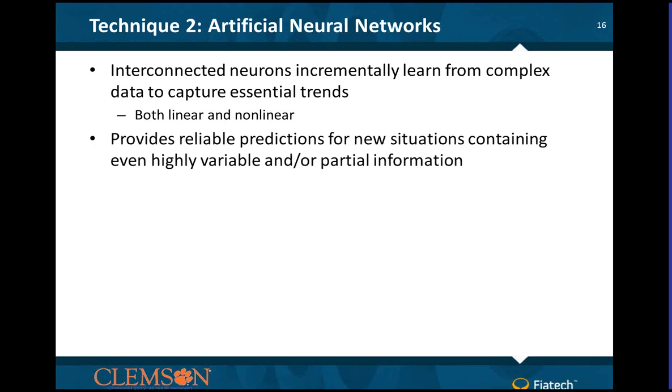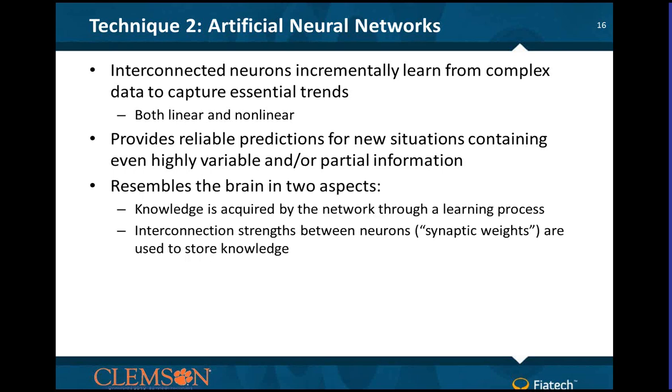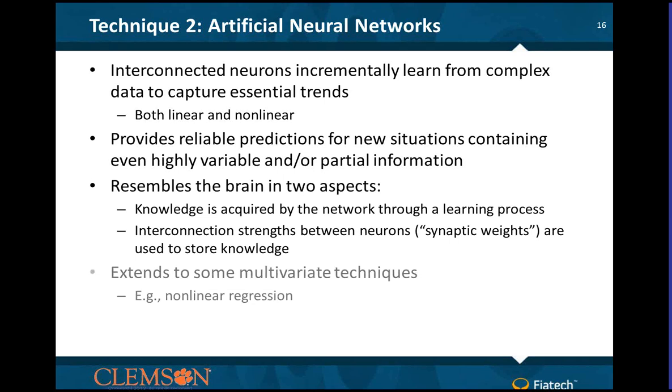We learn from complex, both linear and nonlinear trends, and we also, using artificial neural networks, can actually, in a very highly variable area or with only partial information, try to make decisions and predictions with this imperfect information. So in the brain, we acquire knowledge through a network, and we have these neurons that are used to store knowledge. And the people who develop this technique, I'm not them, I'm using an existing technique, use the brain's function as an analog for how to do the math.